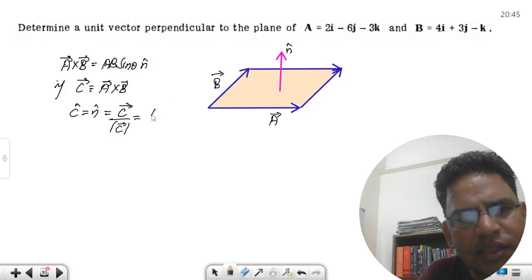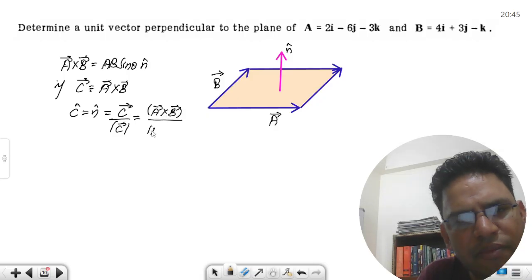What is the c vector? The c vector is a cross b vector, divided by the magnitude of this vector.